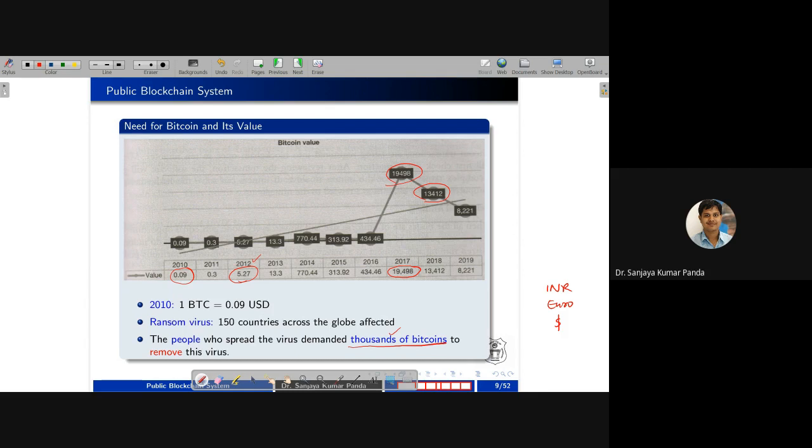Once they receive this amount, they say that they are going to remove this virus from these different countries or from different computer systems. So the cost of the Bitcoin varies with respect to different years, different days, different seconds. The price is also varying.